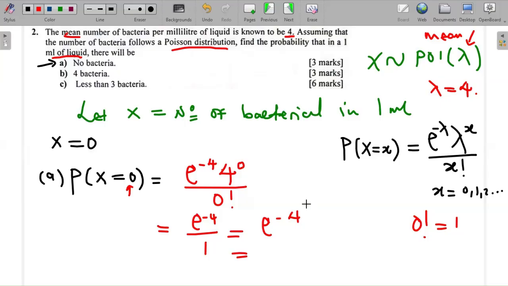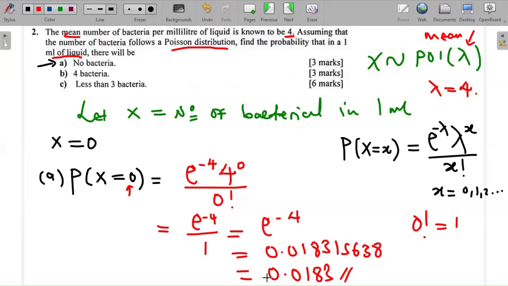So on my calculator, e, open brackets, minus 4, close bracket, and then equals. This gives me 0.018315638. You can round it off to 4 decimal places, 0.0183. So that is the probability that there will be no bacteria.